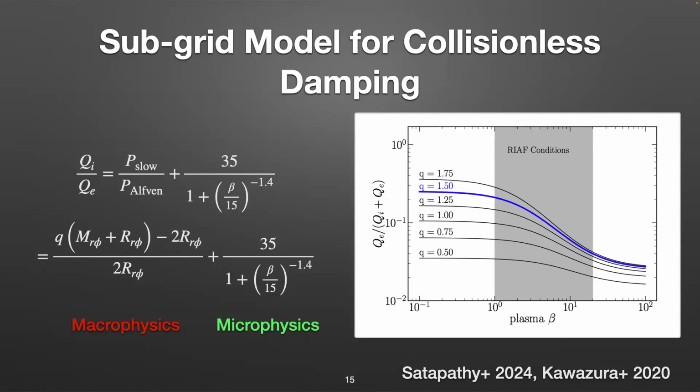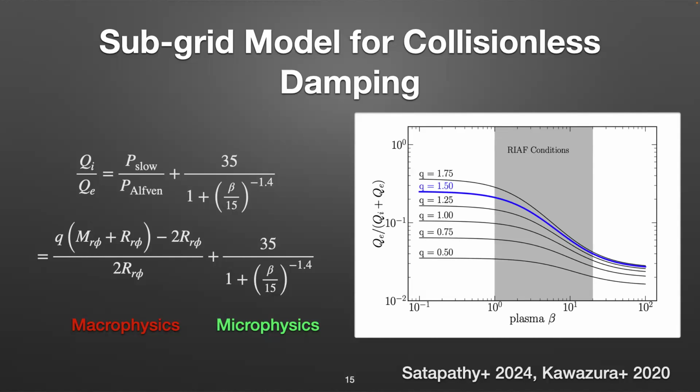Now that we know what the slow to Alfvén ratio is, we can express this in terms of the Maxwell and Reynolds stress tensors, which can be computed even in global simulations. So locally, when we're modeling two-temperature MHD, for example, we can infer what the slow to Alfvén ratio is, or what the ion to electron heating ratio is, depending upon what the stresses are locally.